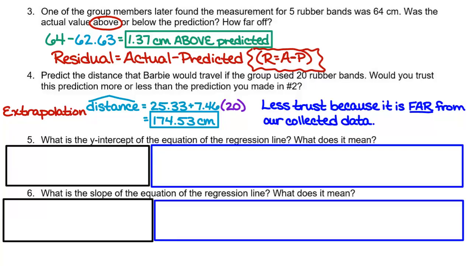This is called extrapolation, when the data that we have is not close to what we are trying to predict. Wait, so this wasn't up to personal preference? Correct. This was not an up to personal preference thing. The farther away from the collected data that we're trying to make predictions, the less accurate those predictions will be.